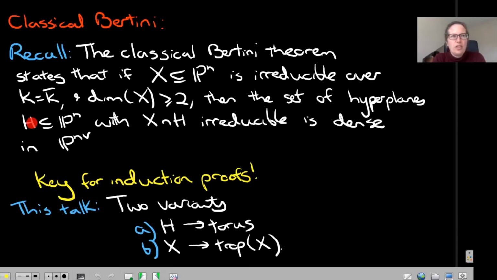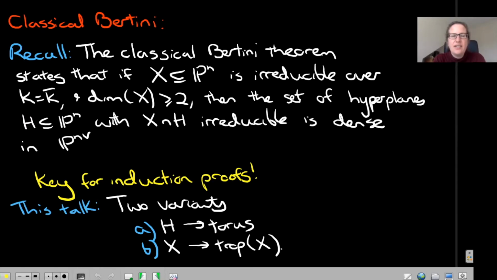The first is we're going to change H and change that to a torus. So instead of having a subvariety of projective space, we'll have a subvariety of an algebraic torus. And instead of intersecting with a hyperplane, which you can think of normally as a smaller projective space, we'll intersect with a subtorus. So that's the first variant. That's the toric Bertini theorem.